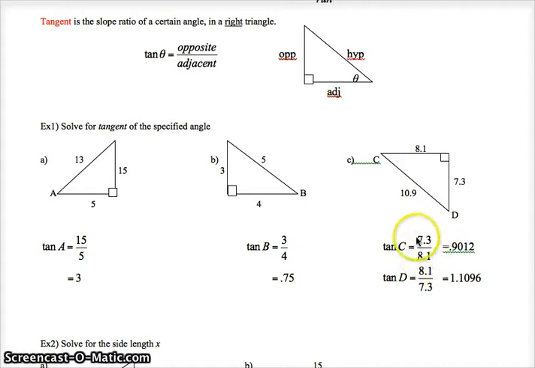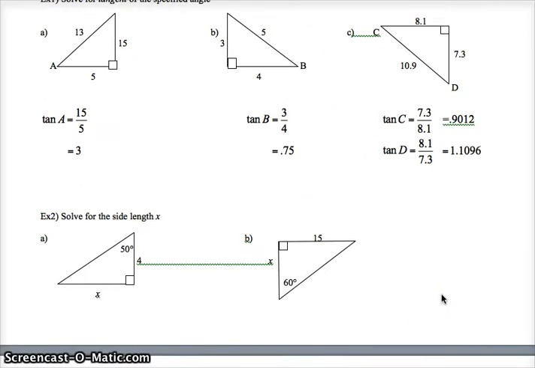And remember, we don't want to leave decimals inside a fraction, so we go to 4 decimal places. So when we divide that, we get the decimal 0.9012. For D, opposite is 8.1 and the adjacent is 7.3. So when we divide that, we get a decimal of 1.1096. So again, we go to 4 decimal places.